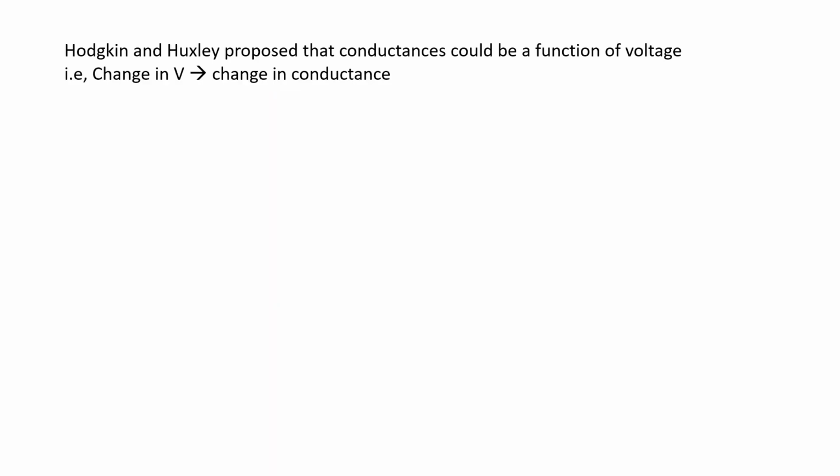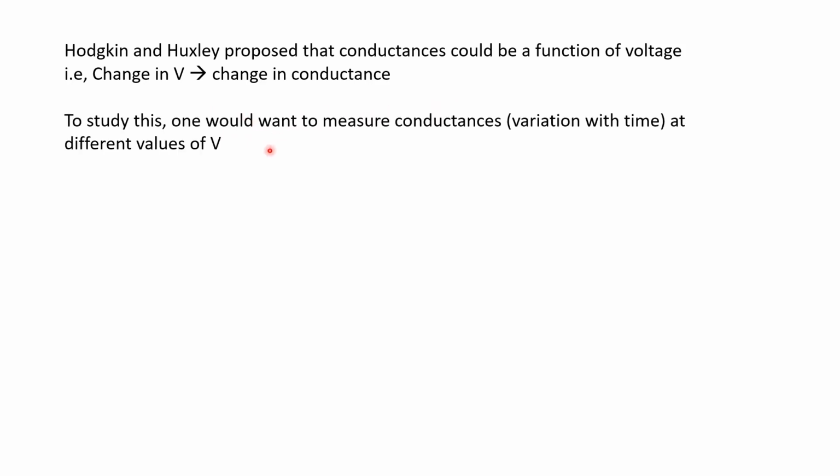As we discussed in the last video, the initial experiments by Hodgkin, Huxley, and Katz showed that the conductances that are important for action potentials could be a function of voltage. So if there is change in the voltage of the neuron, then we can see a change in these voltage-gated conductances. We would like to measure how exactly these conductances are changing for different values of voltage.